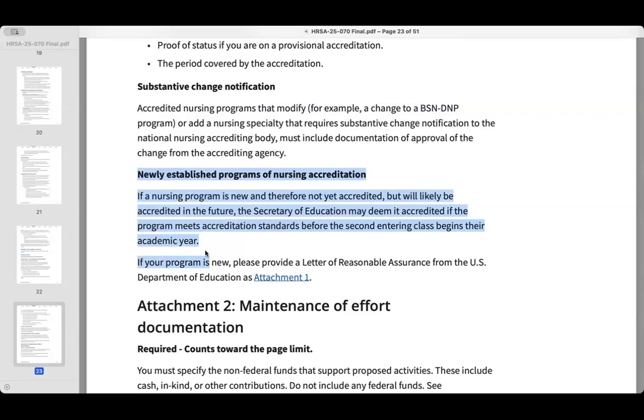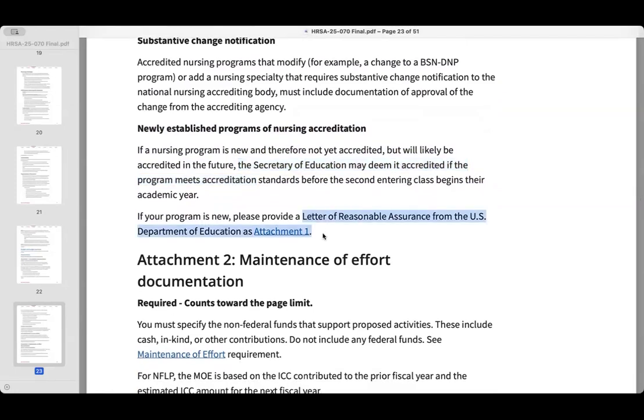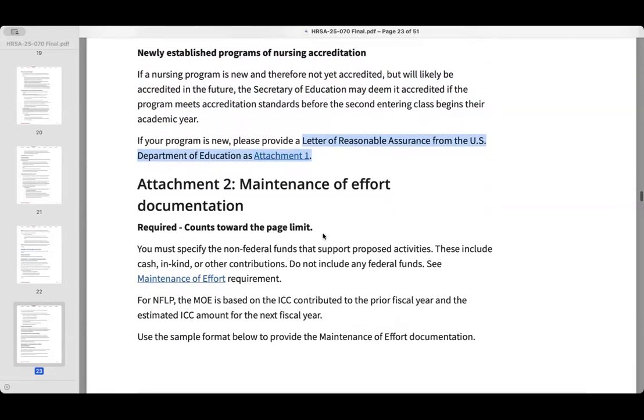That is not necessarily a disqualifying factor. We have this note here. If a nursing program is new and therefore not yet accredited, but will likely be accredited in the future, the Secretary of Education may deem it accredited if the program meets accreditation standards before the second entering class begins their academic year. And then there's a way to provide that.